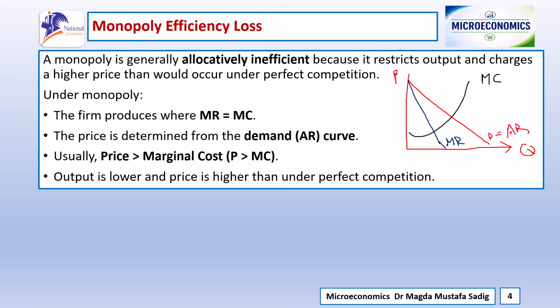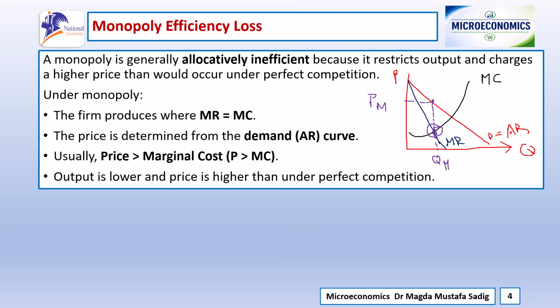And let me take the green or the purple. This is the intersection point between the marginal revenue and marginal cost. So this is the monopolist quantity. And then we move up to the demand curve in order to determine the price, the monopolist price. So this is the monopolist price.